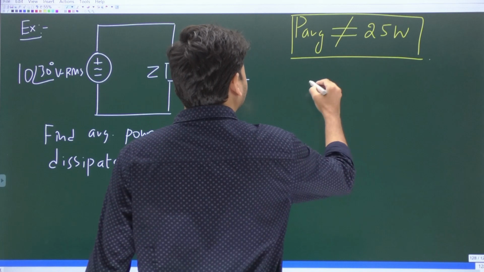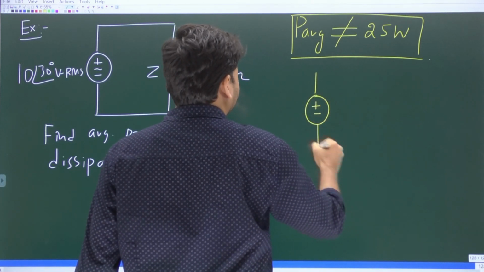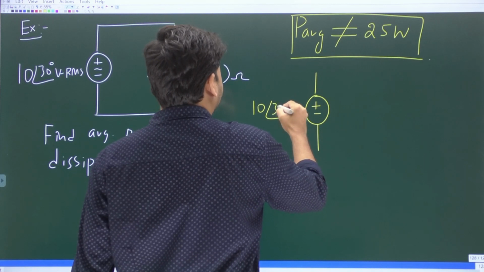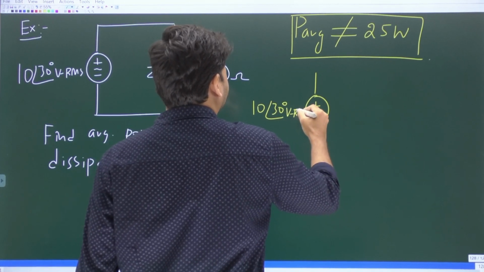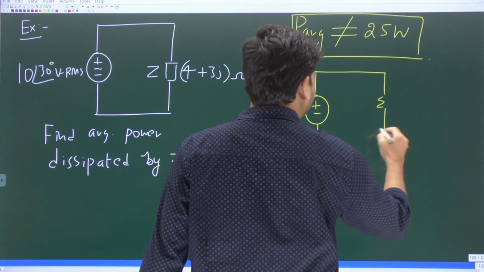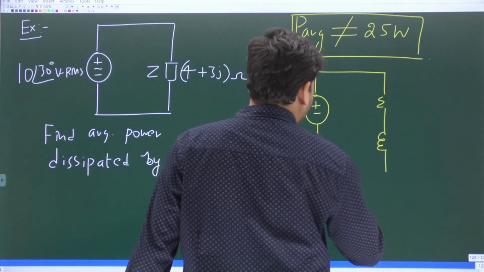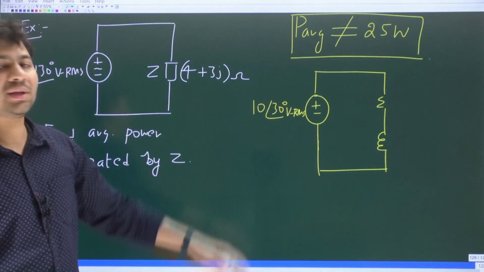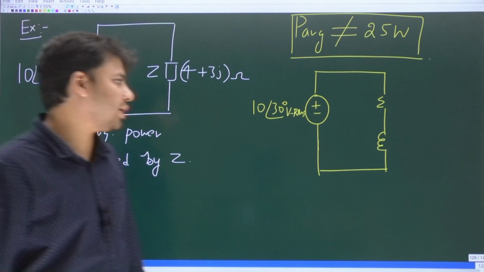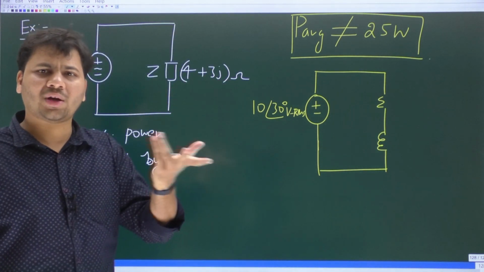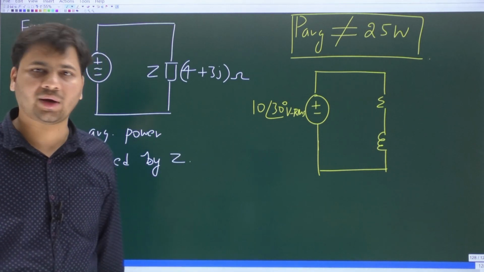That means whatever voltage we have, 10 at an angle 30 degrees volts RMS, it is the net voltage across this series combination 4 plus 3j. The reactance is positive. Positive reactance means it should be an inductor.